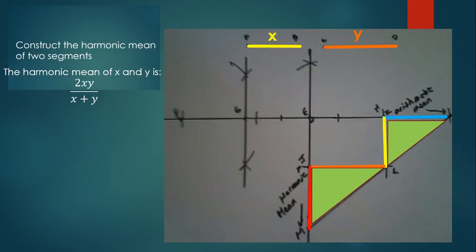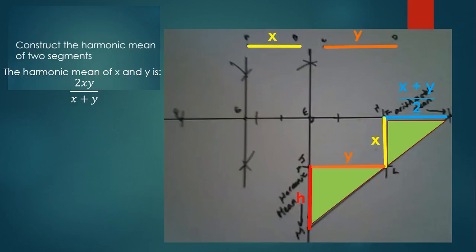So corresponding sides means matching sides in the two triangles. So in this case, the blue line segment, which remember was our arithmetic mean, corresponds to a length we called y. And the yellow line segment, which we're going to call a length of x, corresponds to the red line segment, which is our harmonic mean, and we'll call that h.